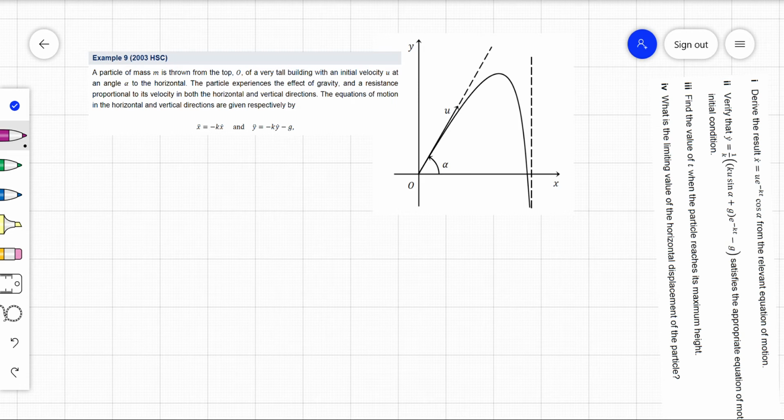So of course we'd use x double dot and we'd integrate to get x dot. But how do we do that? Well, remember x double dot, so we're using this equation here, is just d by dt of x dot, same thing as x double dot.